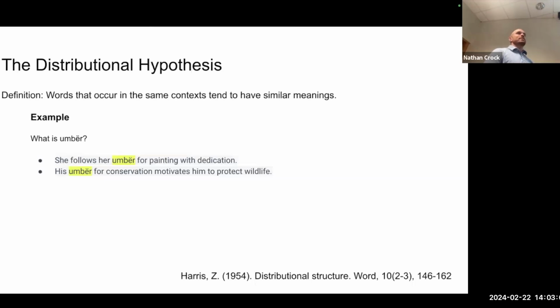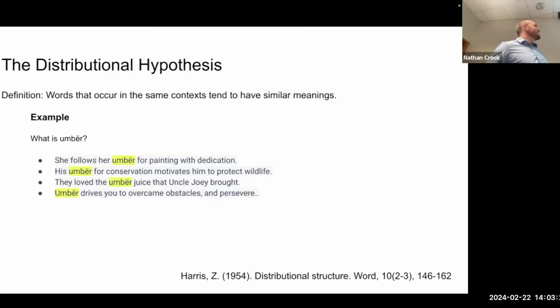That was fast. We didn't even need multiple examples. How did we know? Is it passion or motivation? Well, let's find out. Passion.